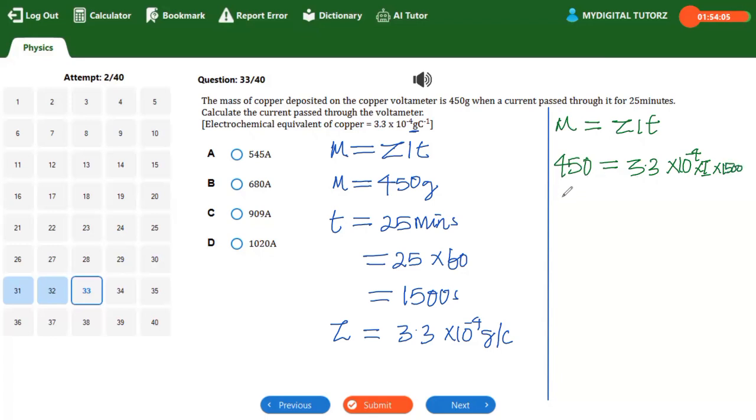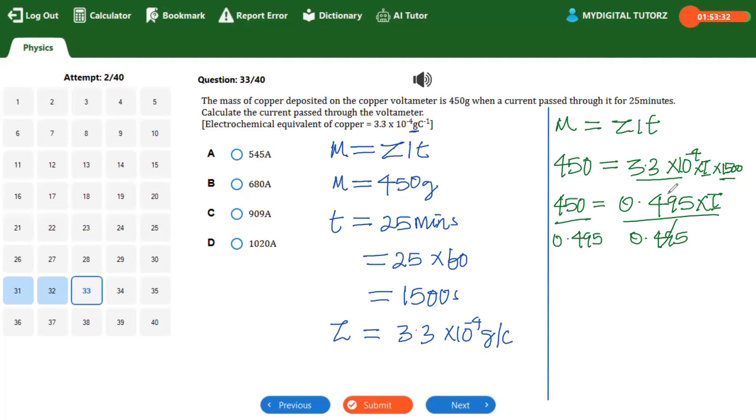Exactly. So I can have here 450 equal to, I'll multiply this by this. If I multiply 3.3 times 10 to the power minus 4 by 1,500, I'll arrive at 0.495 multiplied by I. So divide both sides by 0.495.